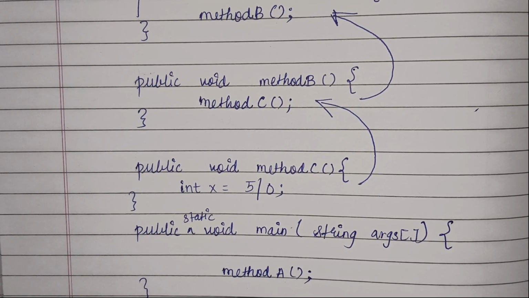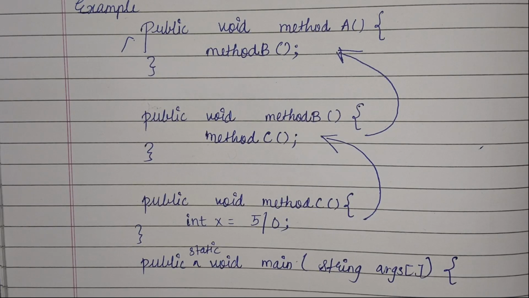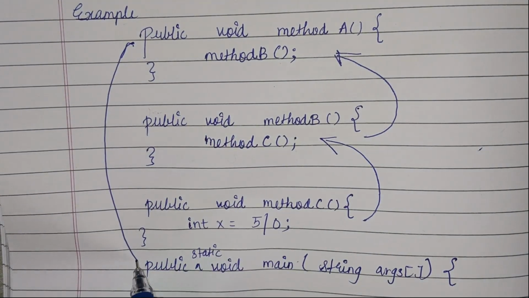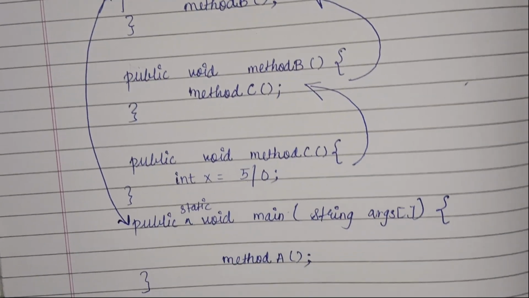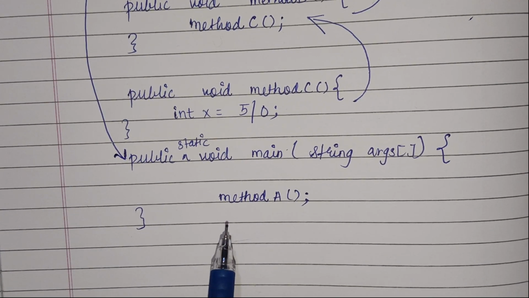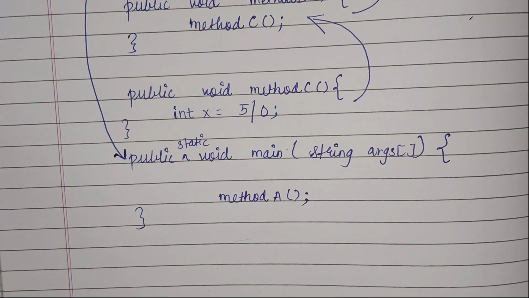Now this error will propagate to the main method. Now as you can see, the error has come to the main method. So the main method also has two ways. Either it will catch this error by using try and catch block, or it will transfer the exception to its caller. Suppose the main method has also passed this exception to its caller.